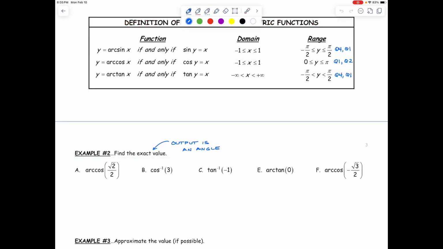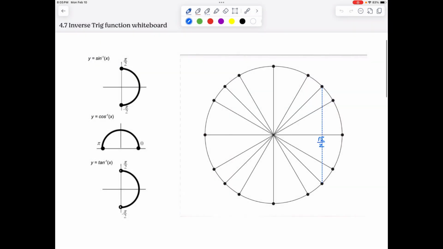Okay, to find these values, these outputs, which are angles, for arc cosine, we're looking for the angles that would produce root 2 over 2. And I'm just going to use this other little work surface to illustrate. Root 2 over 2 is going to be positive for cosine in the first and the fourth quadrants. Okay, so you have a positive cosine, and so that would occur at pi over 4 and at 7 pi over 4.